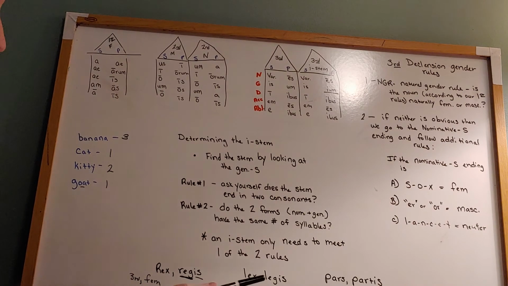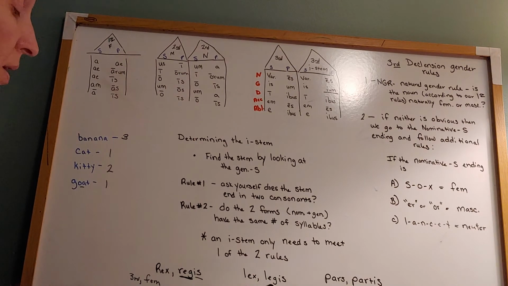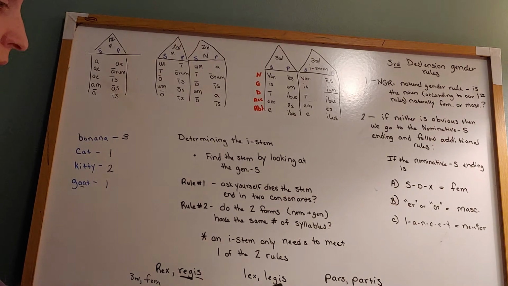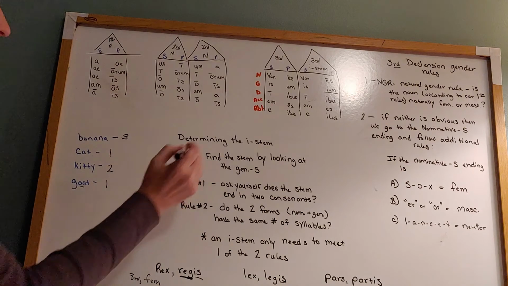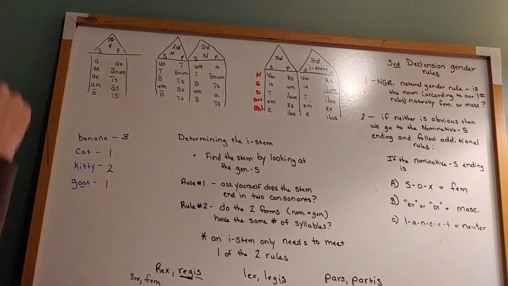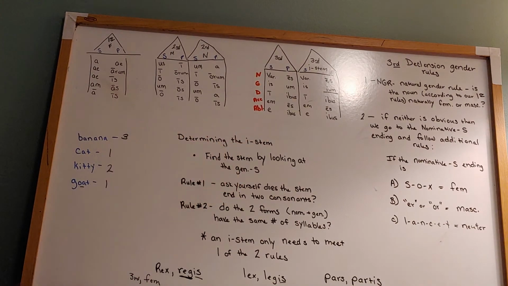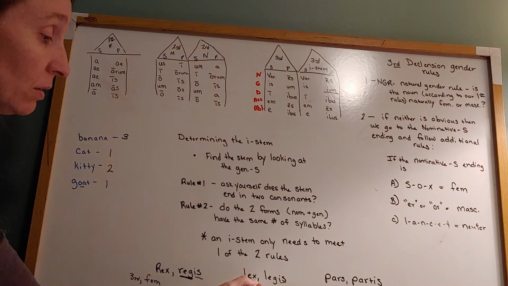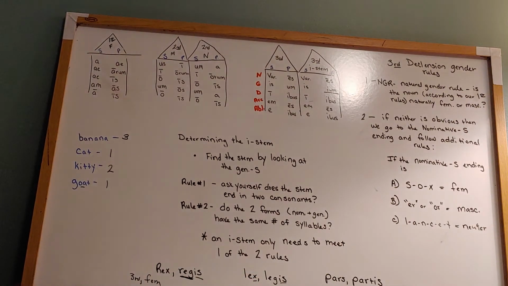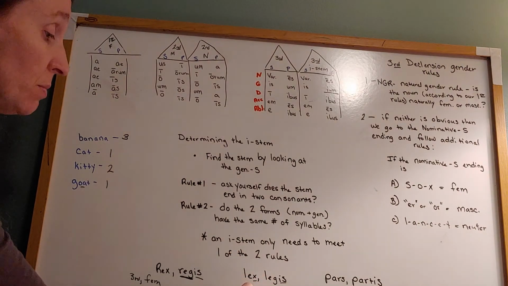Okay, let's look at lex and legis. And let's ask ourselves first, what declension does this belong to? I see that it belongs to the third declension because of the is, genitive singular. Okay, now I need to find what gender it is. So I'm going to look over here, and I see that the nominative singular ends in X. So that tells me that this word is feminine.